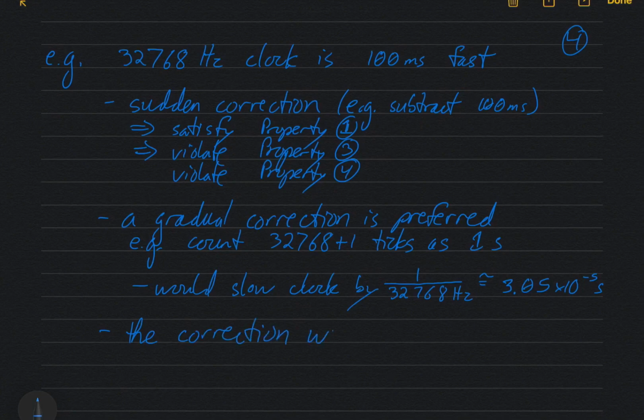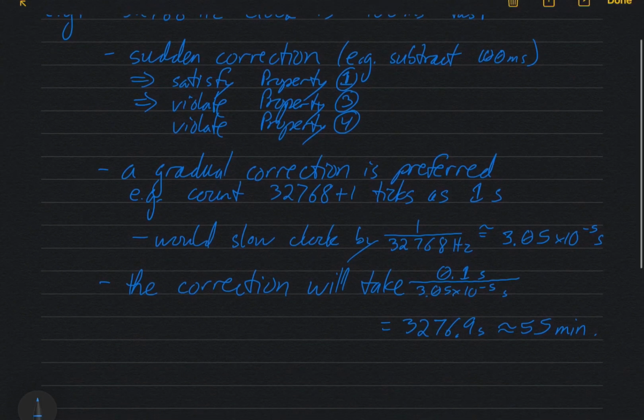So the correction will take 0.1, that's 100 milliseconds, over 3.05 times 10 to the negative 5 seconds equals 3,276.9 seconds, which is approximately 55 minutes.